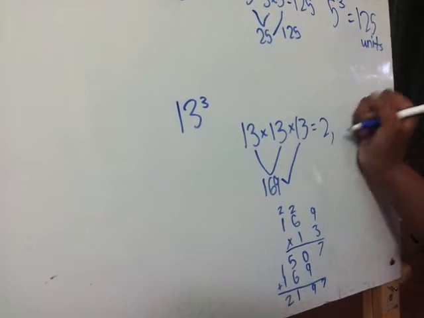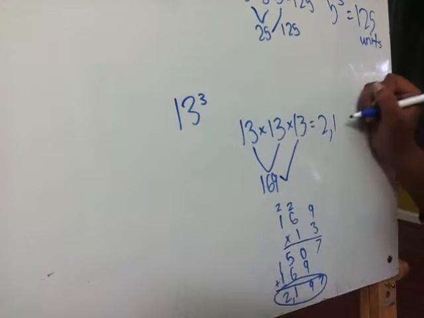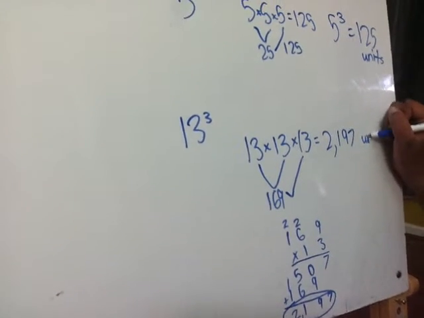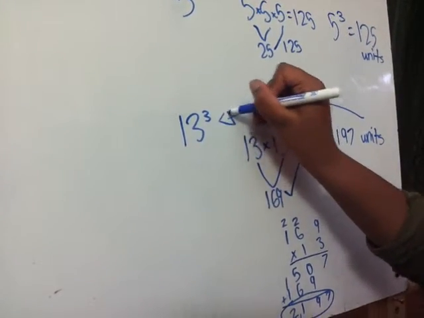So the answer would be, as you can see right there, 2,197 units. And that is the answer to 13 cubed.